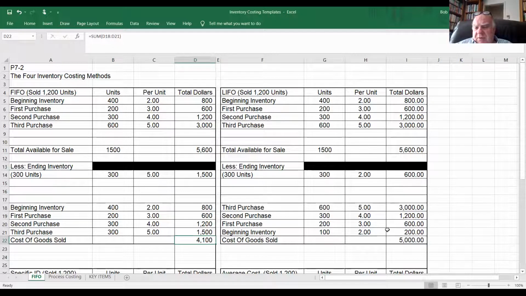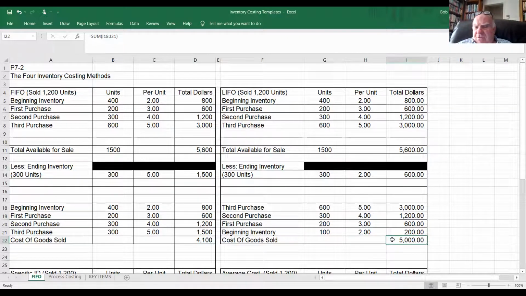So the key concept I'd like you to remember is LIFO will give us a lower net income than will FIFO. So let's assume that these are big numbers. This is, say, 5 million, and this is 4,100,000. The difference is $900,000.